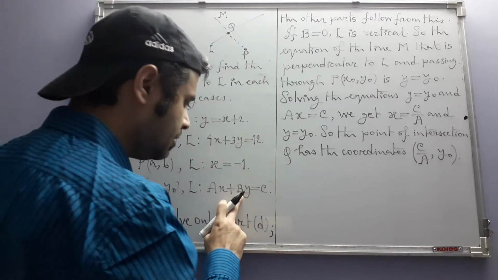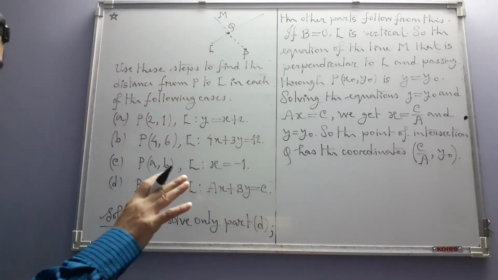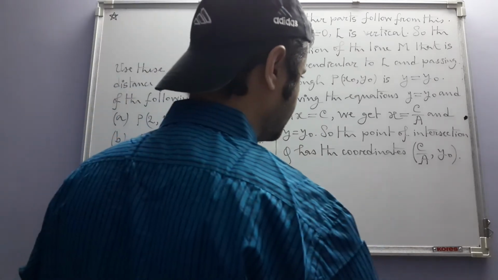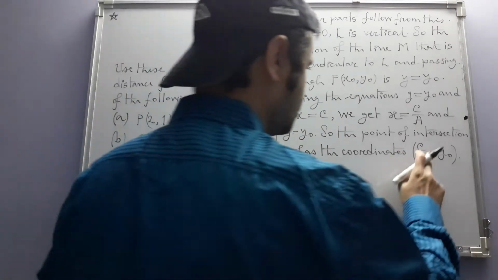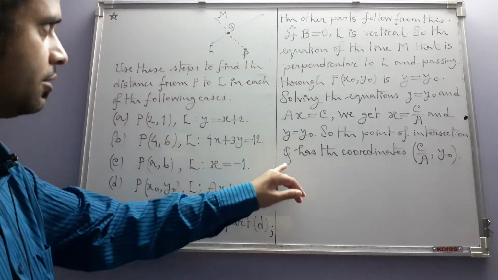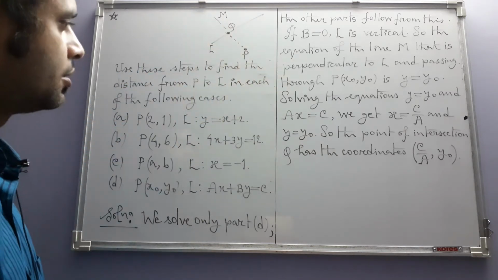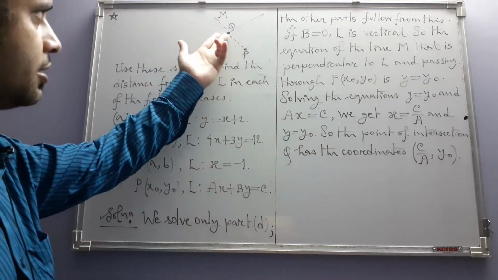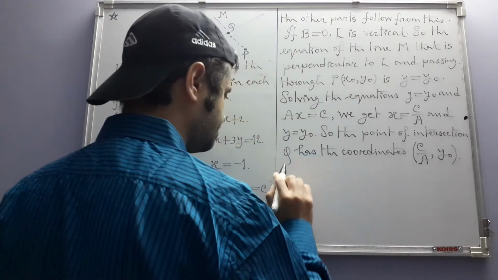So because b is 0, a must be non-zero. But we are, however, not mentioning that here. So it makes sense to divide by a. So these are the coordinates of the point Q, which is the intersection of L and M. Now we have to just find the distance between P and Q.